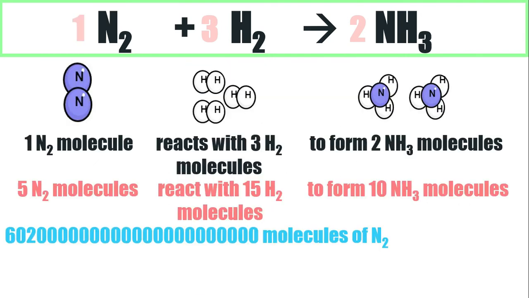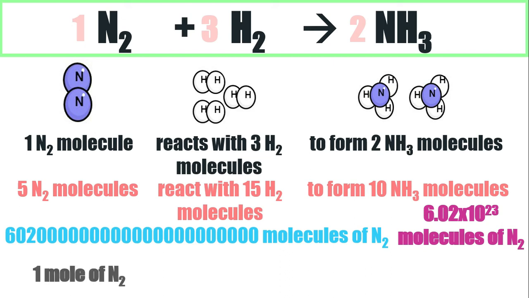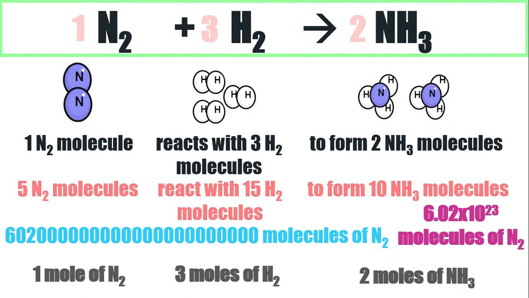So what if we have this number of nitrogen molecules? It looks familiar, right? It is Avogadro's number. This huge number is equal to 1 mole. So it's still the same: 1 mole of nitrogen will react with 3 moles of hydrogen to form 2 moles of ammonia.